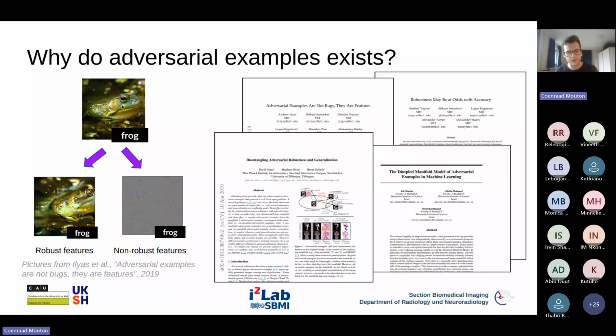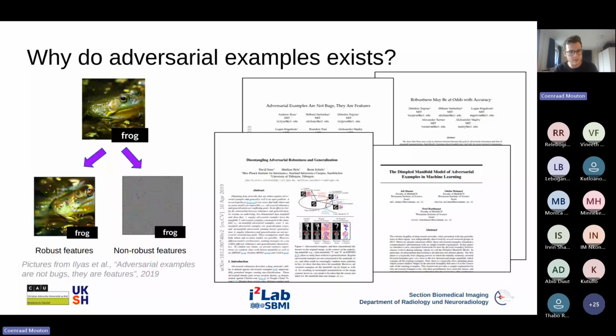But we've also found that they use something that we call non-robust features. These are non-interpretable patterns in the images. They look like noise to us humans. I mean, there's nothing frog-like in this image, in my opinion. But the neural network has found that these noise-like patterns tend to be very predictive. They're very useful to actually classify things with.